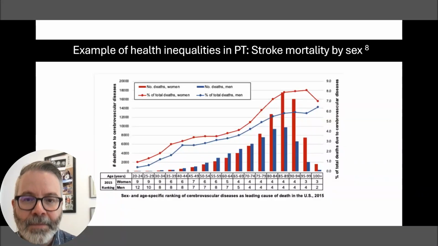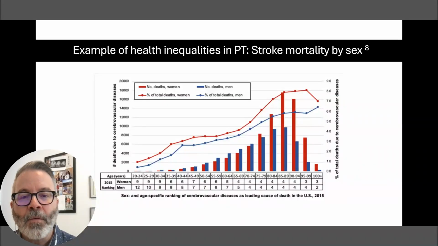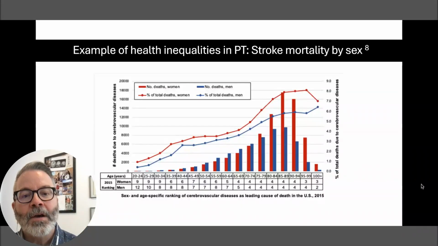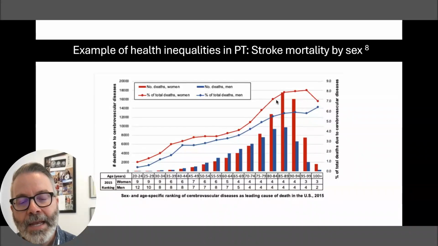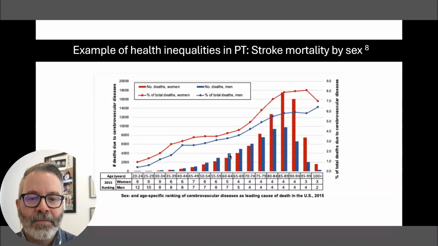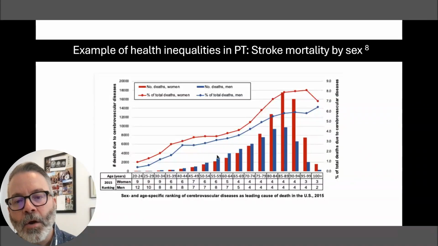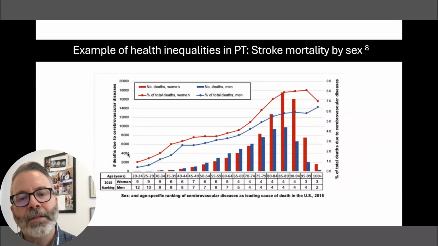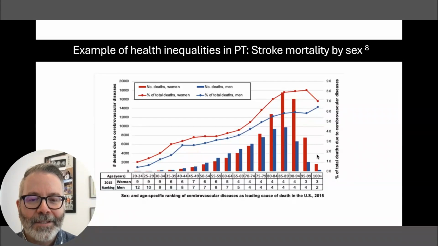In this example of health inequalities, we're taking a look at stroke mortality by age and sex. In this graph, women are depicted in red and men in blue. Ages of participants are lower towards the left and higher on the right, so younger on the left and older on the right.